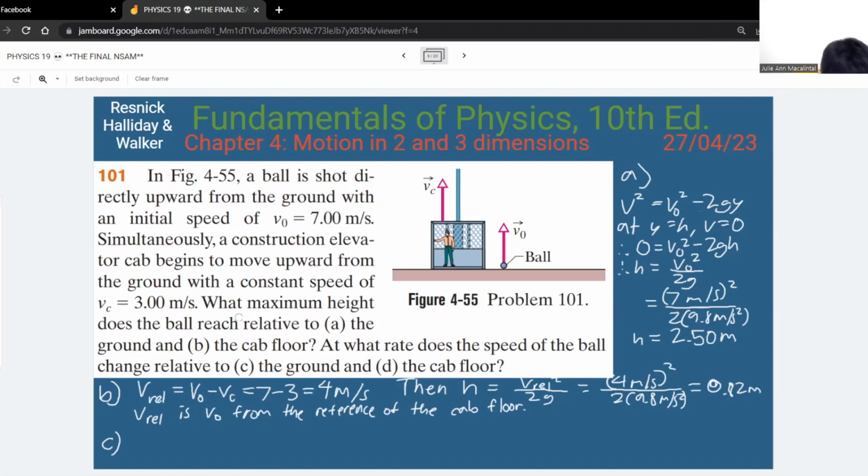And what is the relationship between the velocity measured by the cab and the velocity measured by the ground? So V_cab is equal to... what notation do we use? V_C is the velocity of the cab.